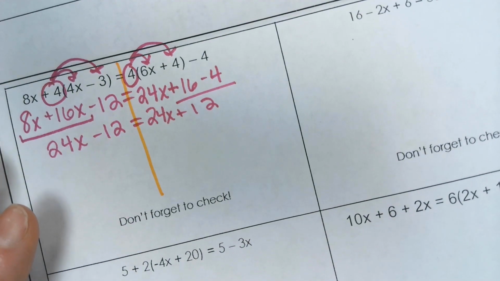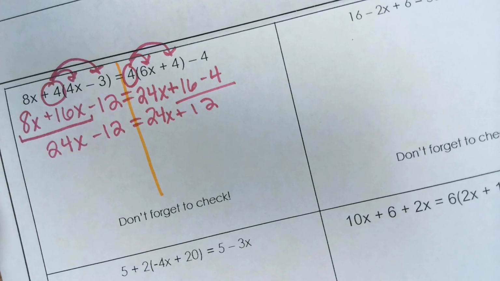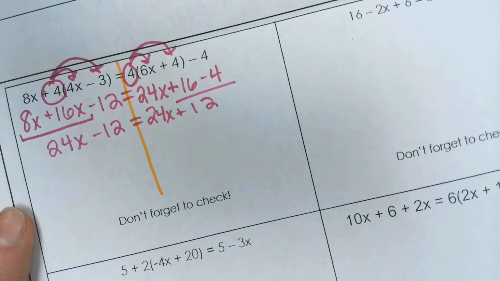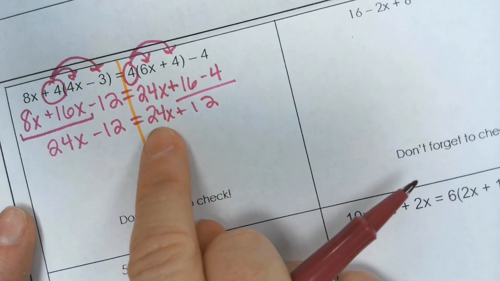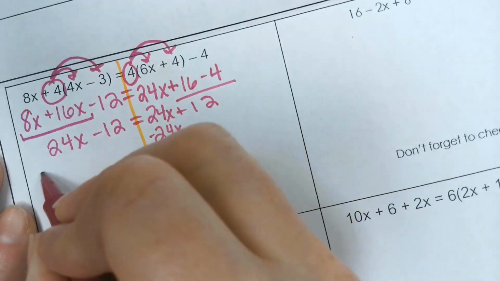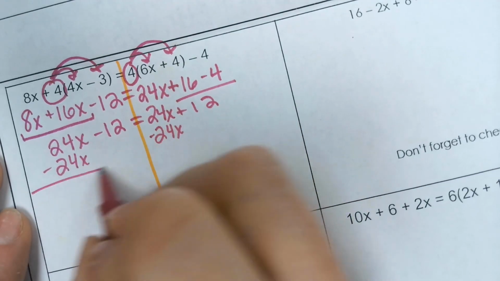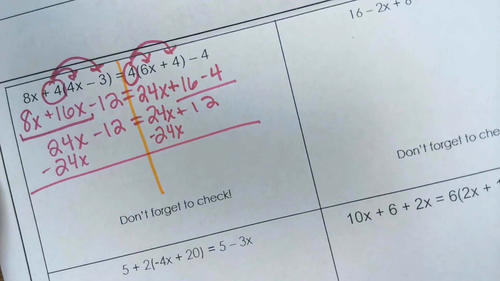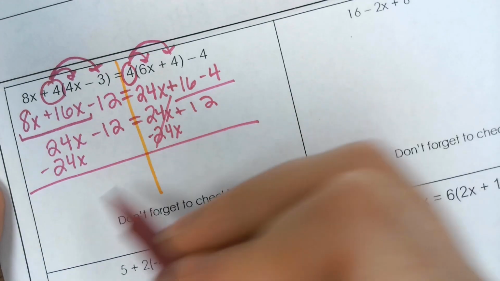Okay, this is where I saw some people getting confused. Our steps say to move the x's to the left. So that means I need to move this x to the left by subtracting. So do minus 24x on both sides. And they zero out. They're a zero pair. Mark them out.